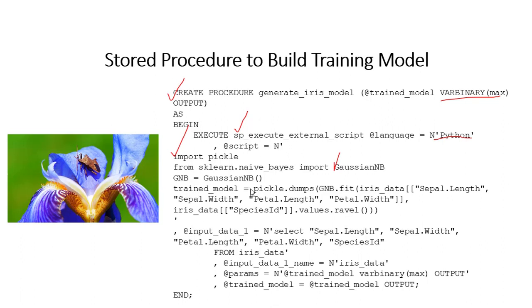Here we get a pickle dump of the data, and the data is the sepal length, width, petal length, petal width from iris data, and here is getting the iris data from SQL Server. So we put it into the parameter that sp_execute_external_script wants, and that's this parameter @input_data_1.